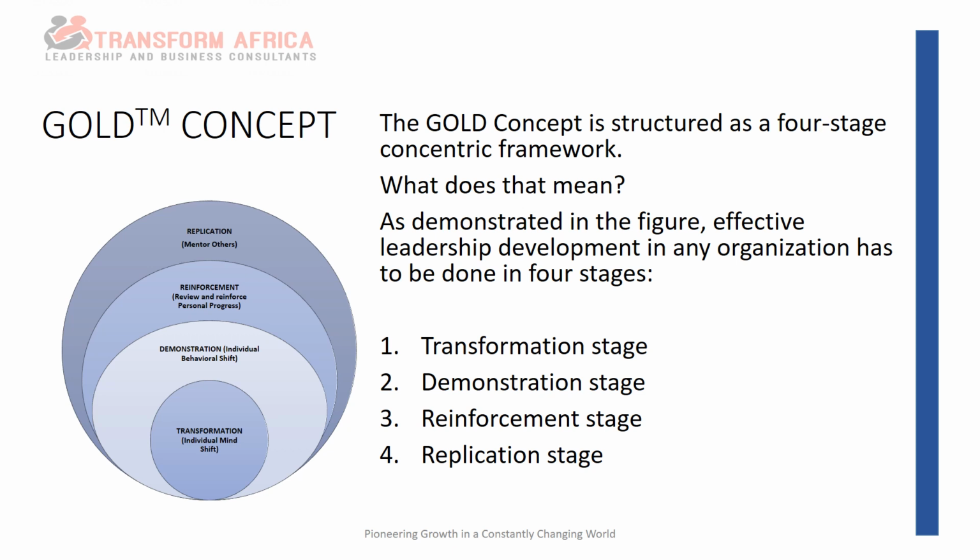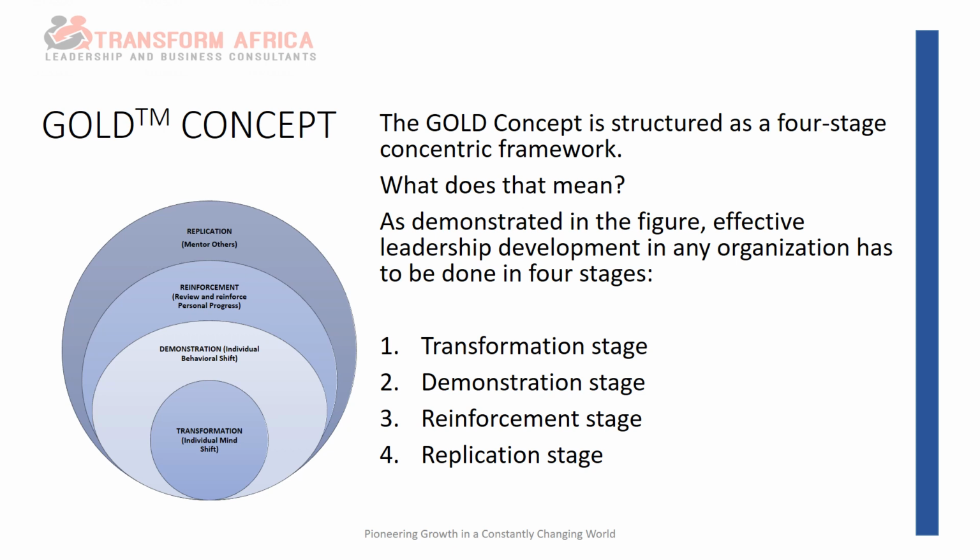So the GOLD concept is structured as a four-stage concentric framework. Now, what does that mean? As demonstrated in the figure, effective leadership development in any organization has to be done in 4 stages.